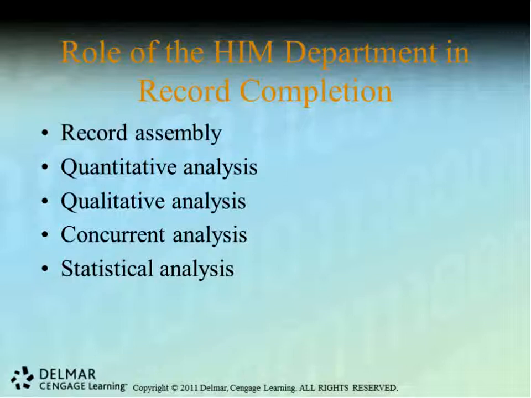When you talk about quantitative analysis, we're just checking for completeness of that record. Qualitative analysis, we're looking for inconsistencies that may identify incomplete or inaccurate documentation in a record. Statistical analysis, we are abstracting information from that record for us to make decisions upon. Okay, so all of that flows into part of the role of your health information department.